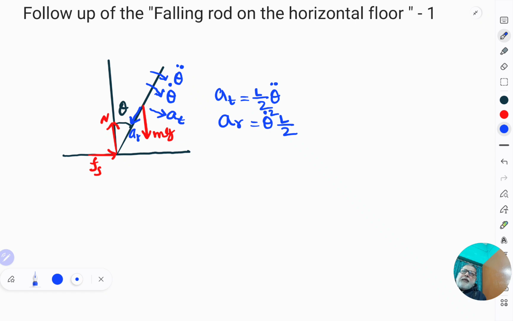So here that static force of friction is horizontal.